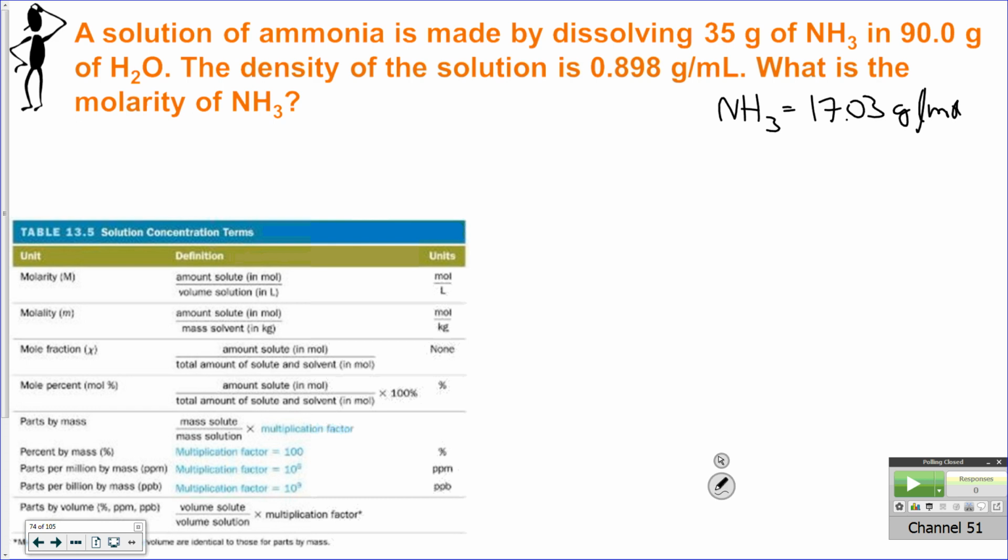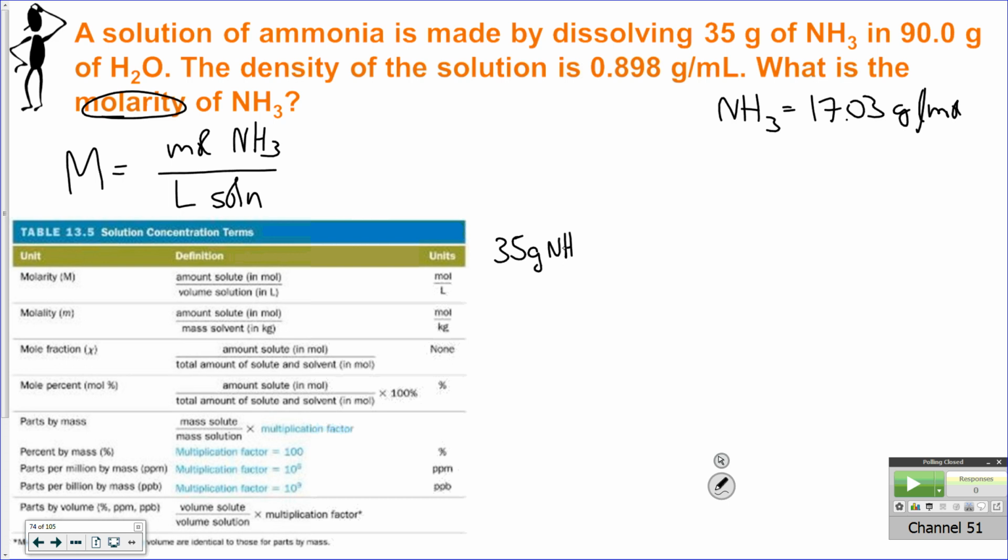So what we're looking for is molarity. We want to find capital M, moles of ammonia, NH3, over liters of solution. That's where we need to get to, finding those two things. First we could calculate the moles. The moles are equal to the 35 grams of NH3 divided by the molar mass, 17.03 grams per mole of ammonia.